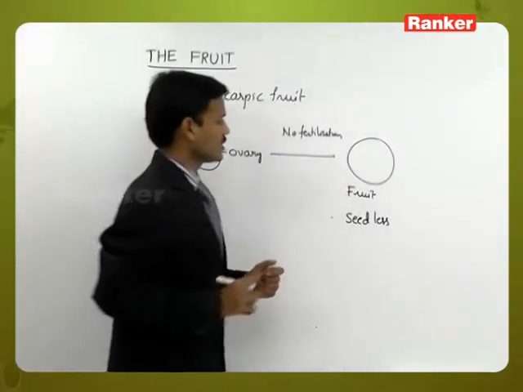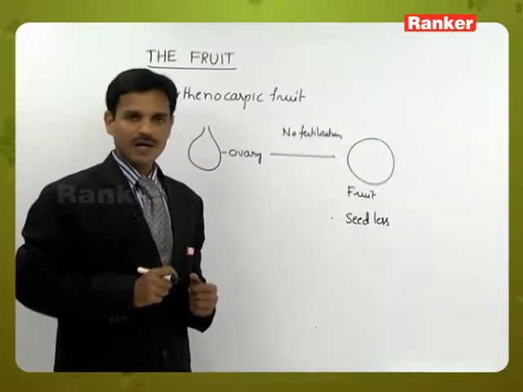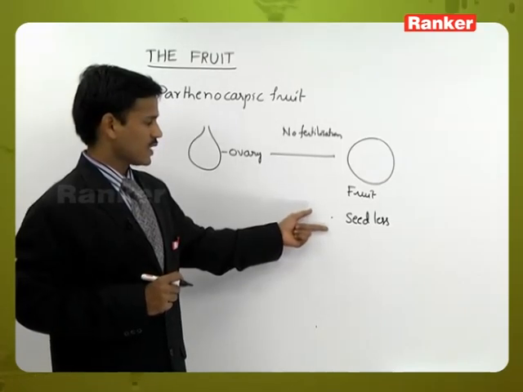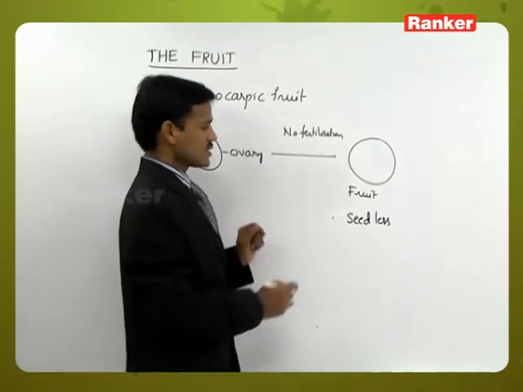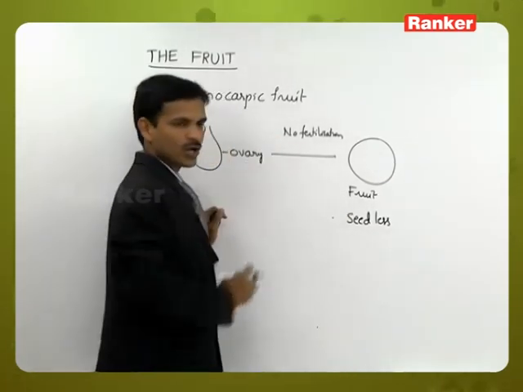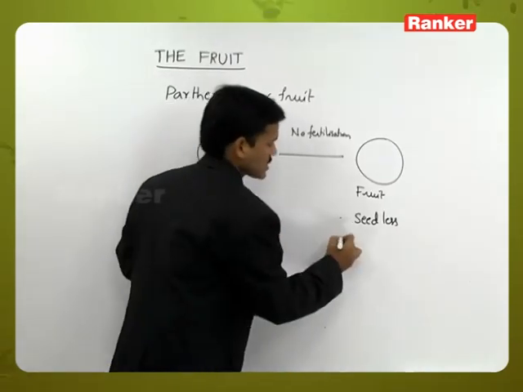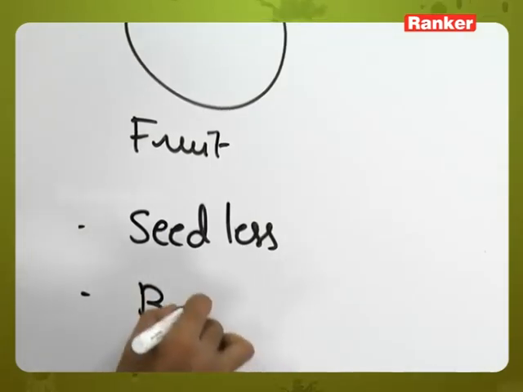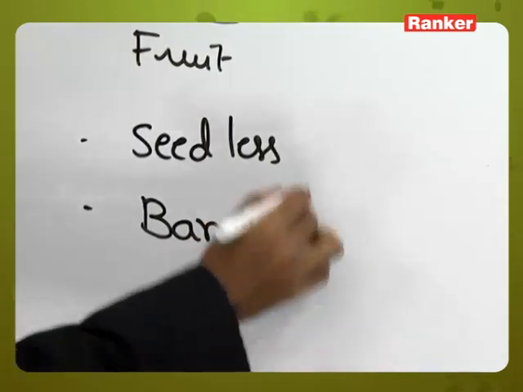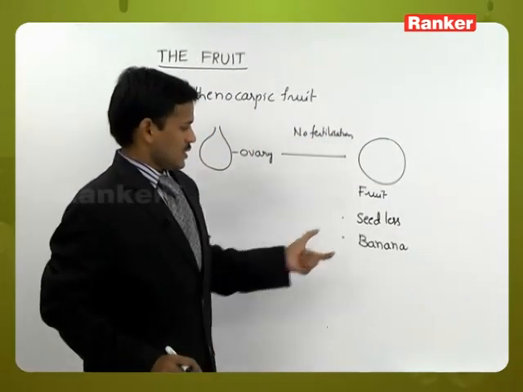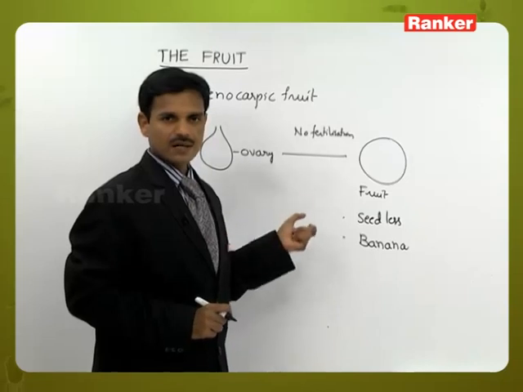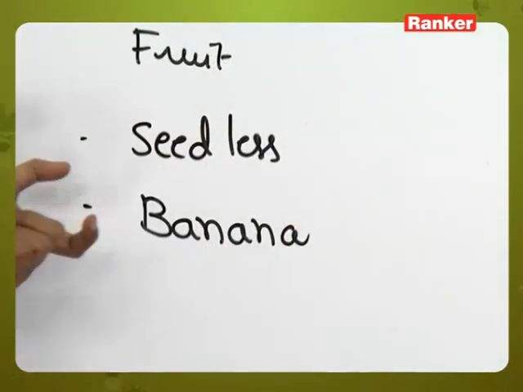Why? Because the ovules are not fertilized. That's why they are seedless. So, for seedless fruits or parthenocarpic fruits, one example is banana. Banana is not having seeds, or fertilized seeds are absent.